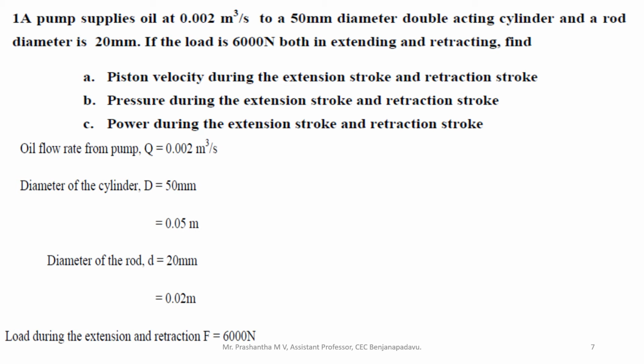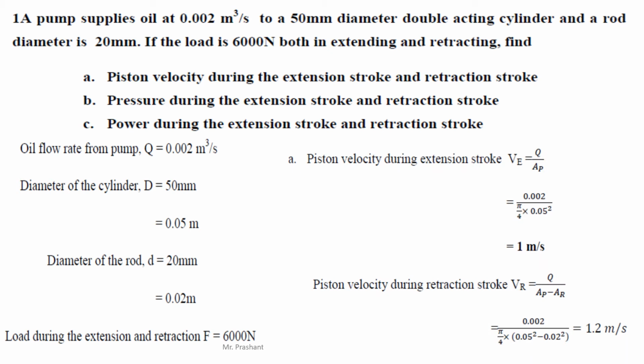Next is diameter of the piston or diameter of the cylinder, D equal to 50 millimeter. The meter form is 0.05 meter. Next is diameter of the rod, 20 millimeter, conversion to meter value, that is 0.02 meter. Next is load during extension and retraction, that is F equal to 6000 Newton or 6 kilo Newton.